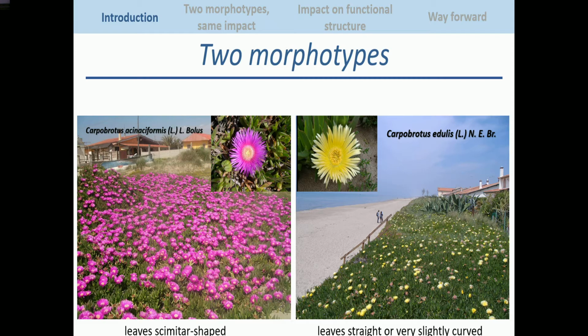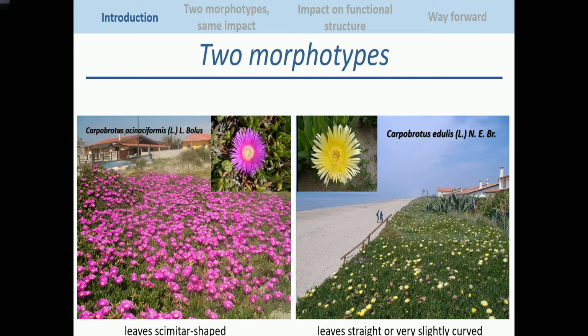But generally, when I go to the field near Rome, I can identify two different morphotypes. What I call acinaciformis normally has pink flowers, with leaves that are scimitar shaped, a little more curved, and asymmetrical when you see the cross section of these leaves.